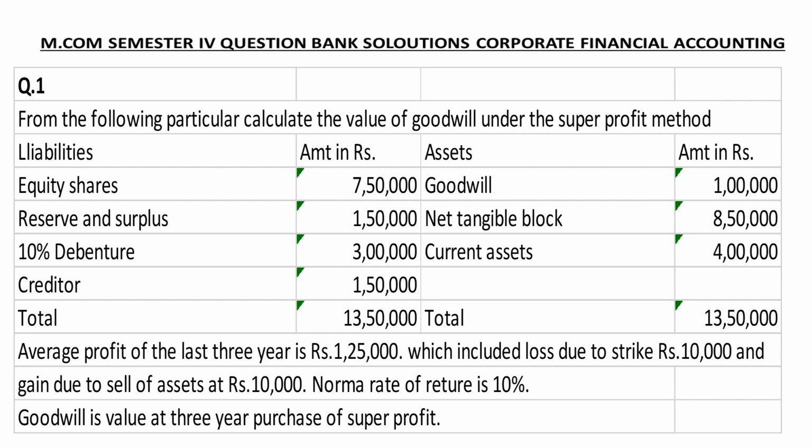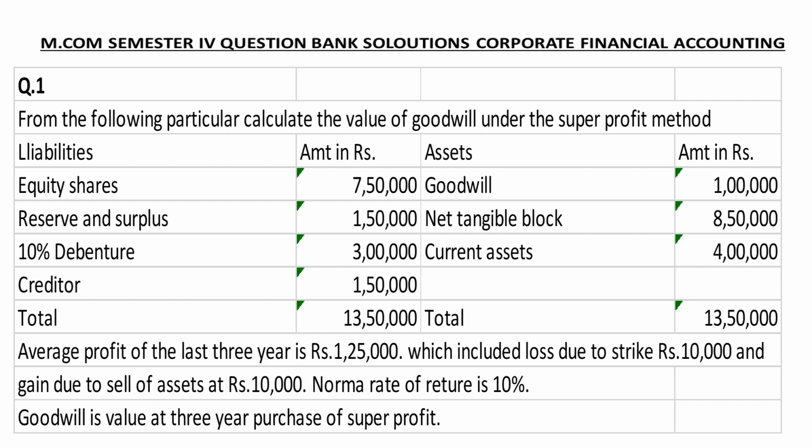The gain from the sale of asset we have to deduct, because we cannot sell assets every year. So the strike we have to add and the asset gain we have to deduct. Normal rate of return is given in the sum.